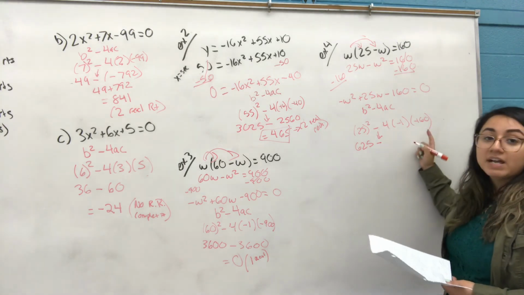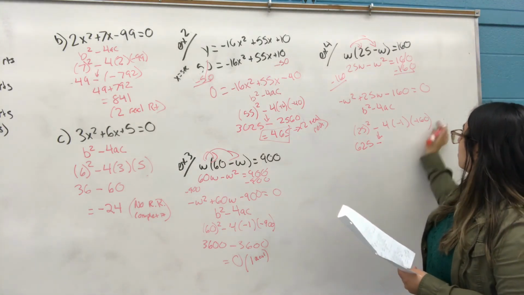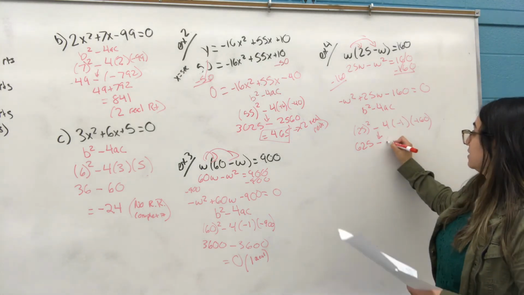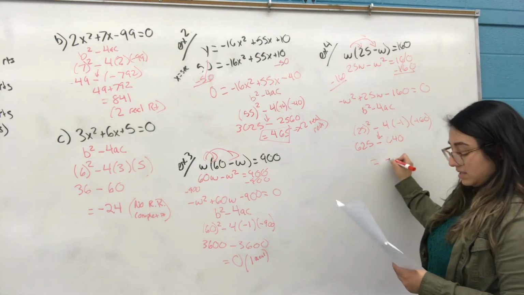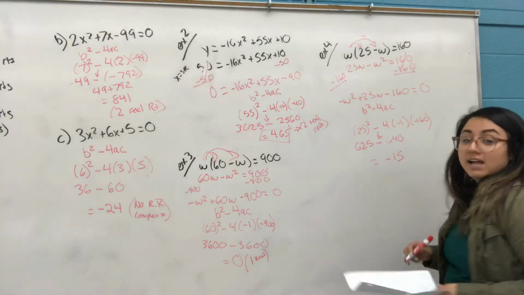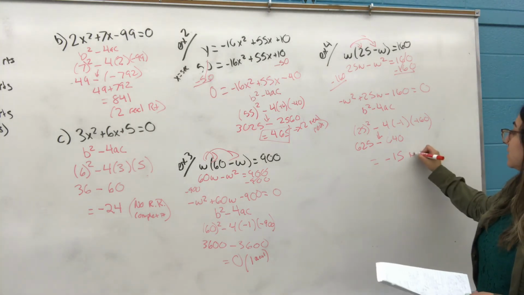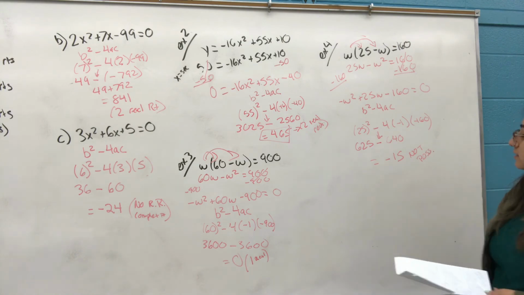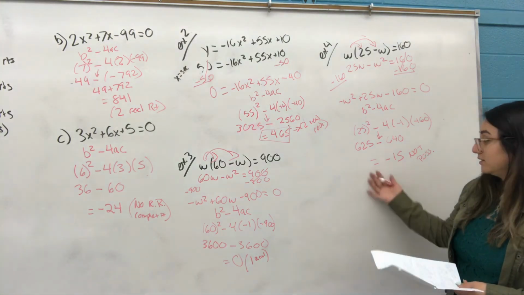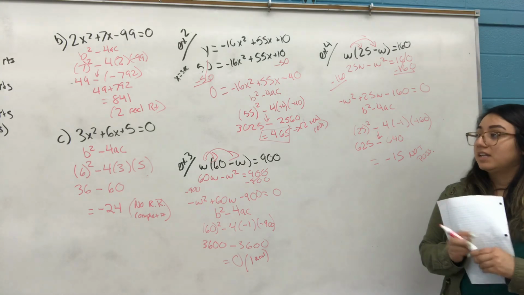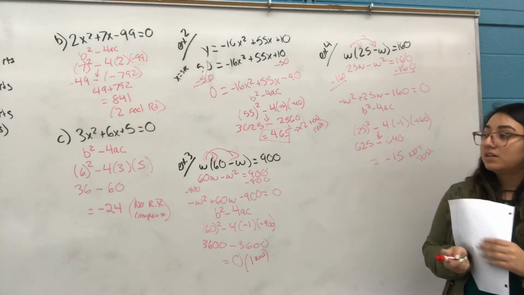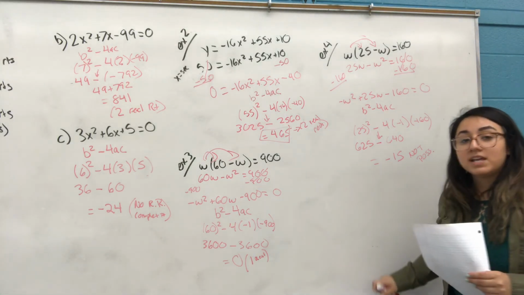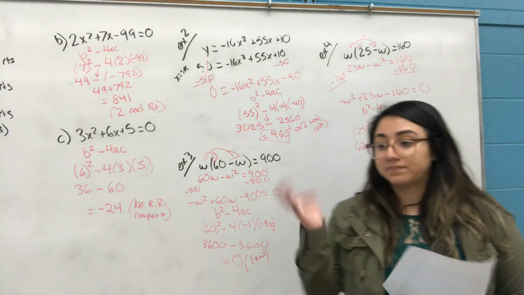I know here I'm going to have a positive answer when I multiply these out, and I get 640. And when I subtract them all, I get negative 15, so it's not possible. The reason why, the discriminant does not work out. It's less than 0, it's a negative number. There are no real roots. There's no way he can actually make the picture frame for his family.